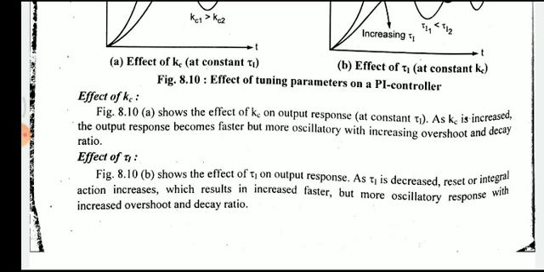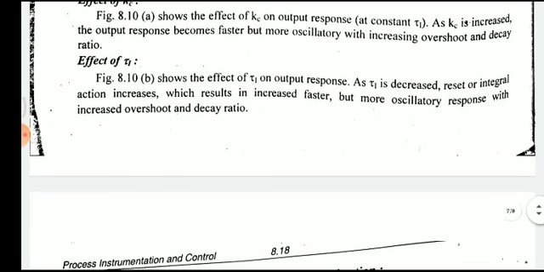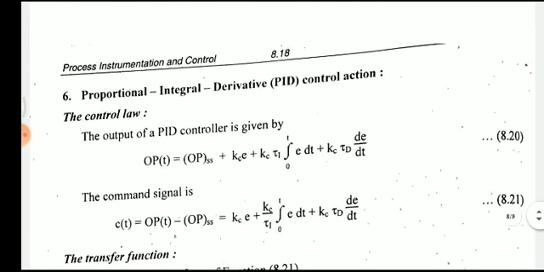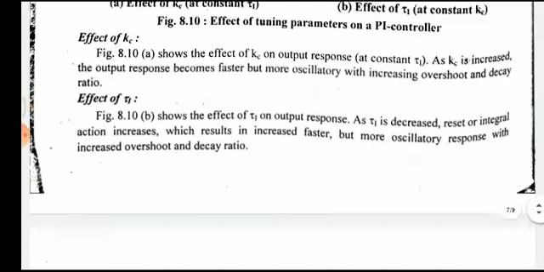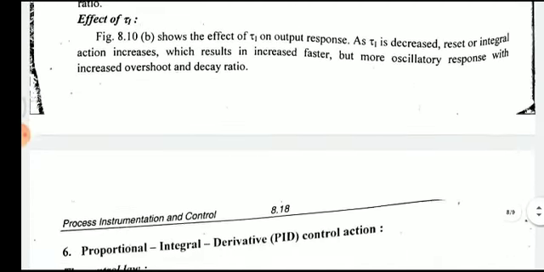As tau 1 is decreased, reset or integral action increases, resulting in a faster but more oscillatory response with increased overshoot and decay ratio. So these are the effects of Kc and tau 1.